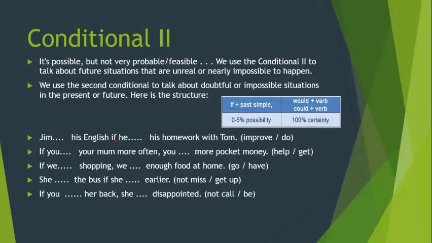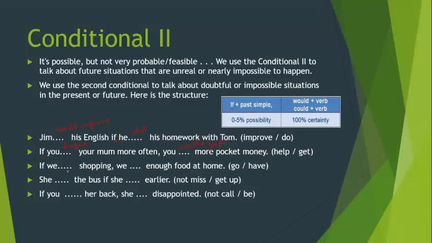Jim would improve his English if he did his homework. It is doubtful, but if he did, he would improve. If you help your mom more often, you would get more pocket money.